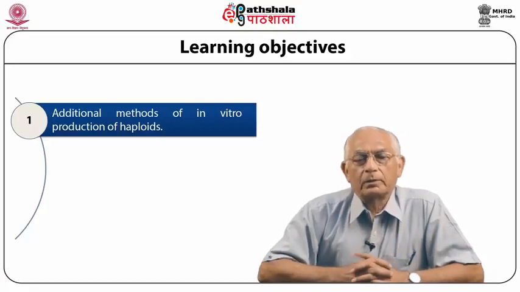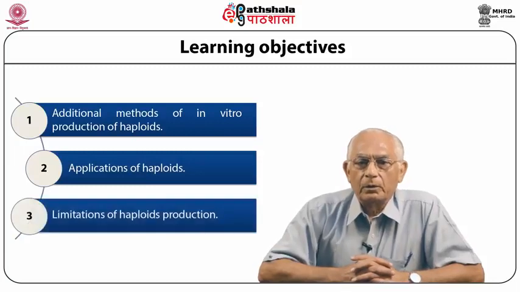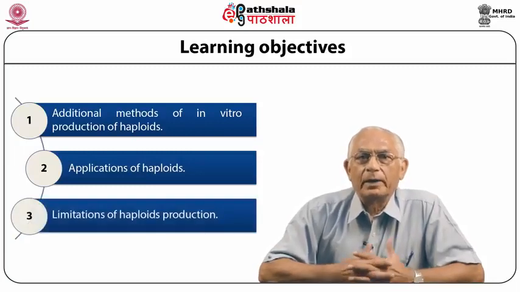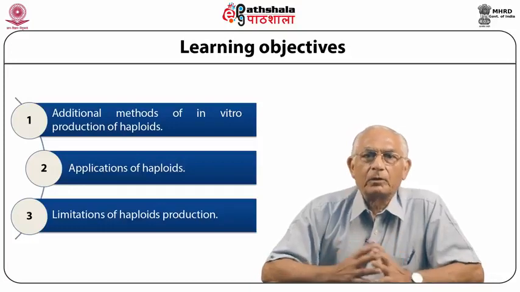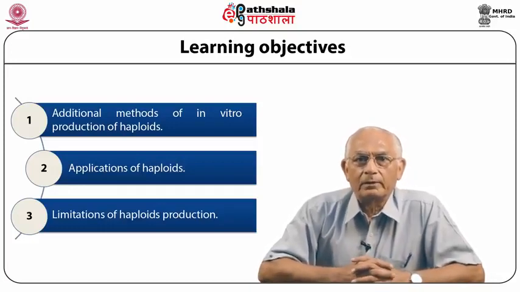We will also talk about the applications of haploids in plant breeding and genetics, and limitations of haploid production by the three techniques. So we are talking about the applications and limitations of all the three in vitro methods of haploid production. In this module, we are talking about two methods of haploid production in tissue culture.